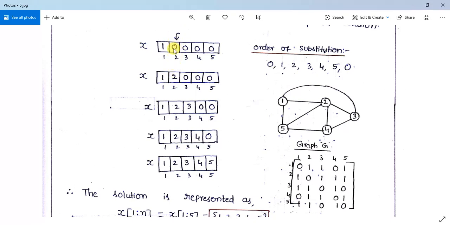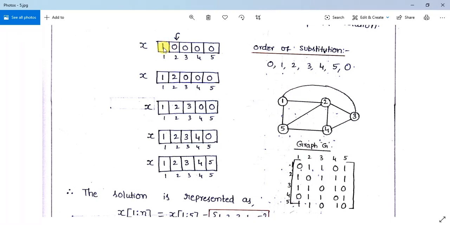See, 0 is there, I have to replace this 0 with what values? Next value 1. If I write 1 here, what happens? It is already repeated, the first condition is violated, so I cannot put vertex 1 in this box. Next, vertex 2. Can I put it here? Yes. What is the first condition? Is vertex 2 repeated previously?